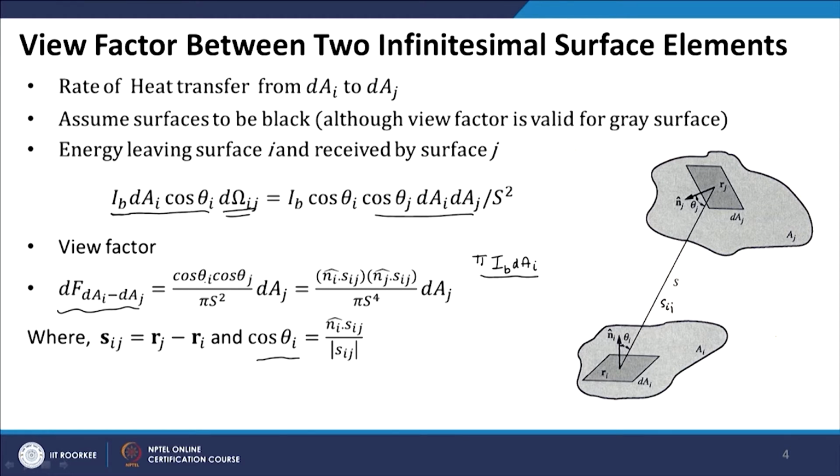So, we replace the cos theta i and cos theta j with these vector quantities, and we get the value of view factor as Ni dot Sij times Nj dot Sij divided by pi s power 4 into dAj. So, we can sometimes use vector notation to evaluate the view factors, or sometimes we can use the trigonometric angles to calculate the view factors.